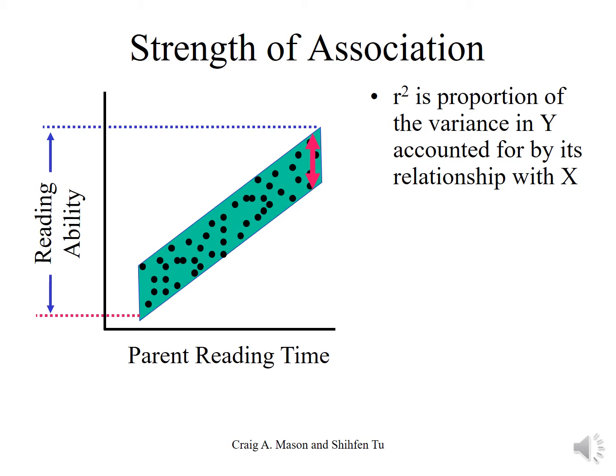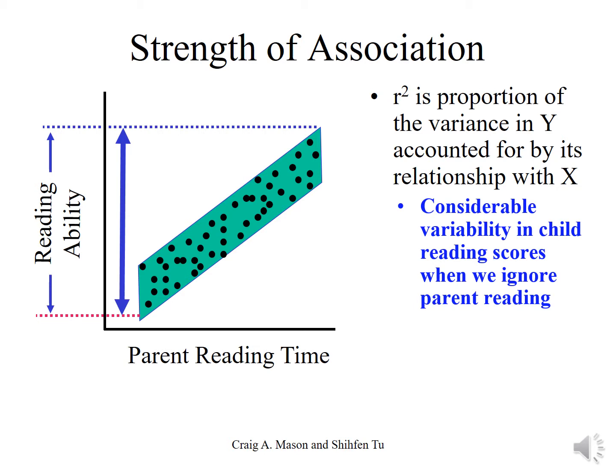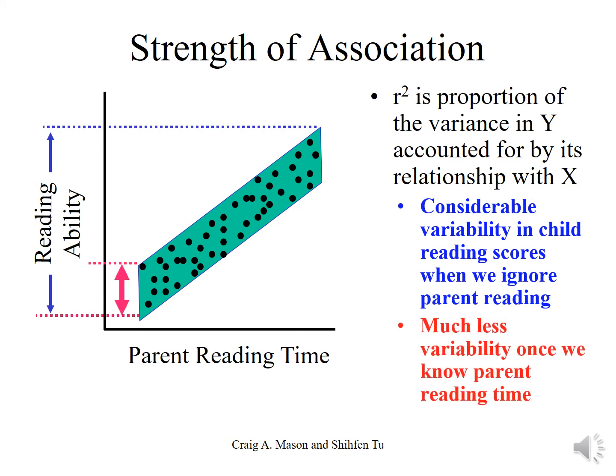We're able to make a much more accurate and much more narrow guess because we know something about the correlation between parent reading time and child reading ability. In essence, there was a great deal of variability in child reading scores when we ignored or didn't know about parent reading. However, once we know how much the parent reads to the child, the variability is much less.